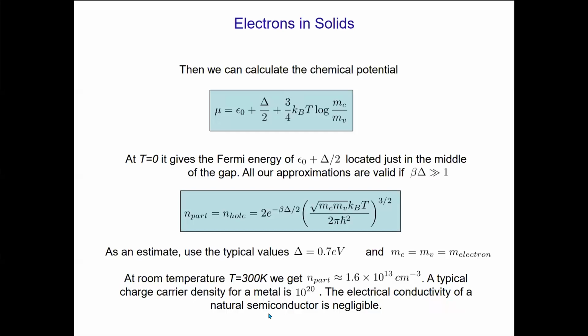It's 7 or 10 orders less than the electrical conductivity of a metal. Of course, electrical conductivity of an insulator is even like 20 orders of magnitude less than a metal, so it basically has zero conductivity. But you see that a natural semiconductor can conduct current, but its conductivity is really low.